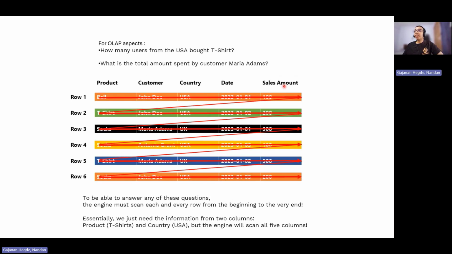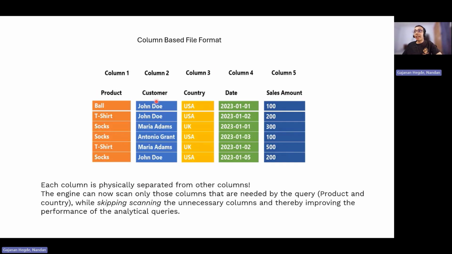So in case of the query, what is the total amount spent by customer Maria Adams, I just have to scan the customer column and the sales amount column, thereby allowing me to skip the scanning of the unnecessary columns like product, country, and date, and thereby improving the overall performance of analytical queries.